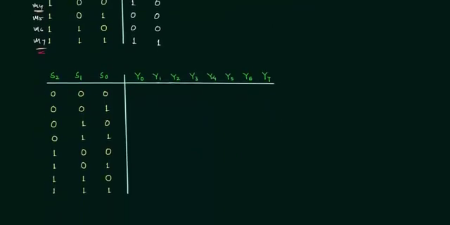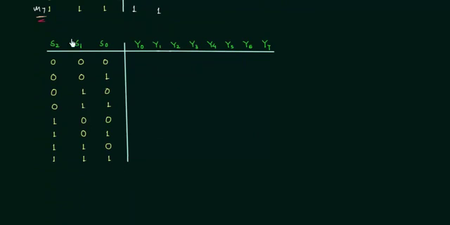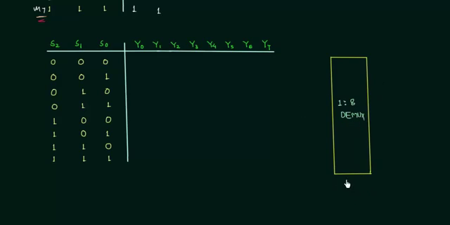I have already made the table for 1:8 demux. We have 3 selector variables and 8 outputs. Let's make 1:8 demux. We have 3 selector variables, S0, S1, S2, and we have 8 outputs.